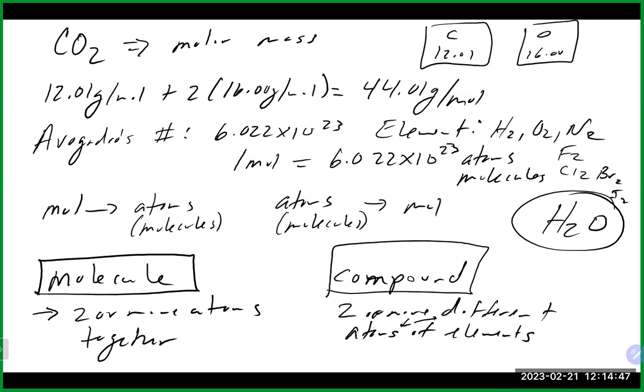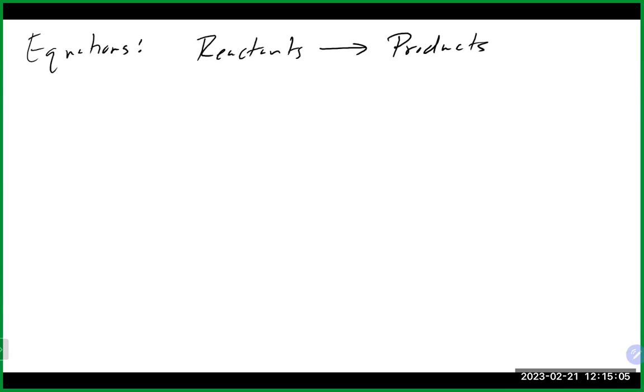All right, then let's talk a little bit about equations and reactions, which is a really important part. First off, in a chemical equation, on the left-hand side of the arrow are our reactants, our starting material. On the right-hand side are our products, the things that are formed as a result of a chemical reaction.